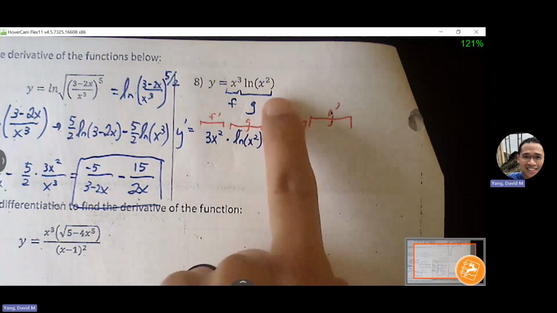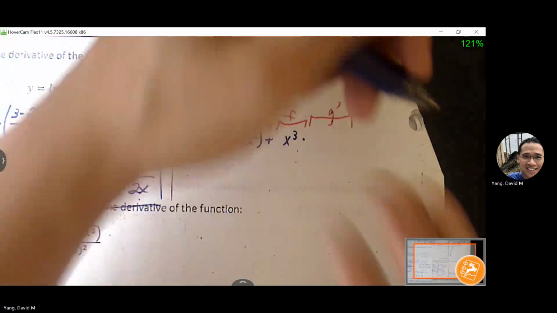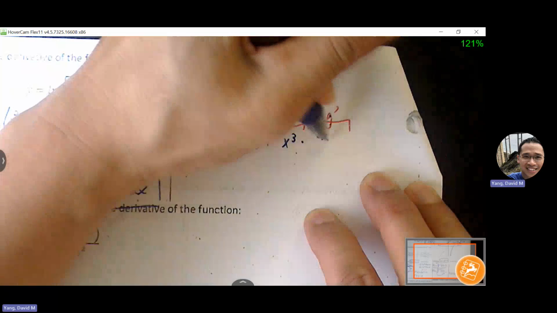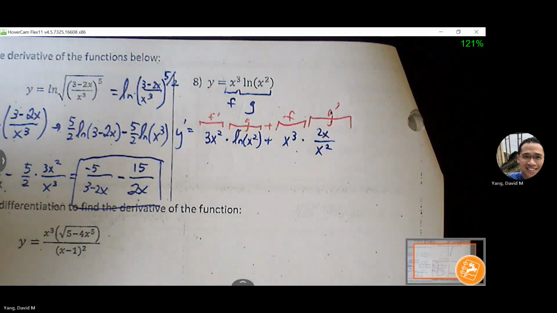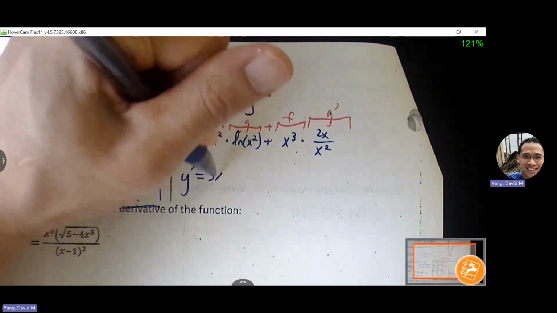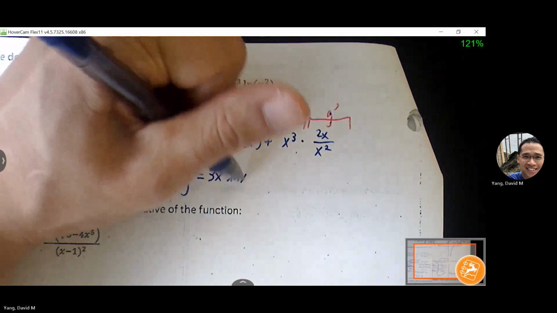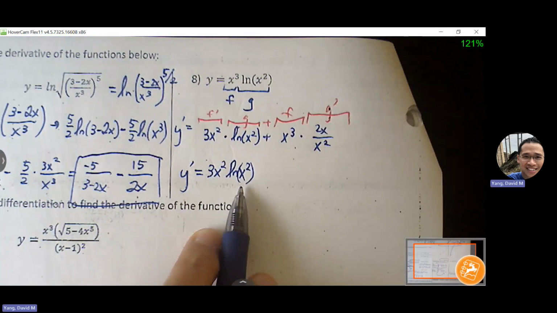Okay, what's g prime? What's u prime over u for this natural log of x squared? 2x over x squared. Do a little bit of cleanup here. And the natural log sign goes away. No, if it's part of my g function, it needs to stay. I can't just let it drop out.